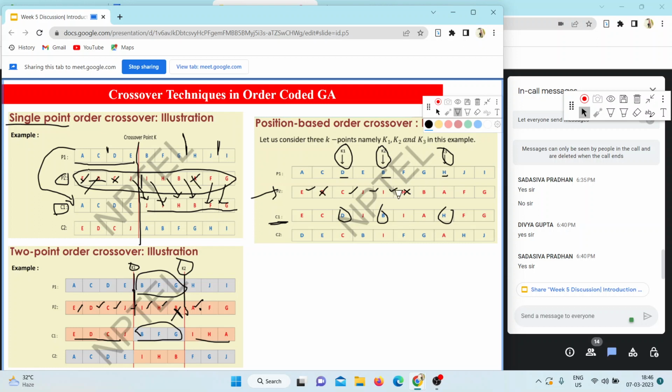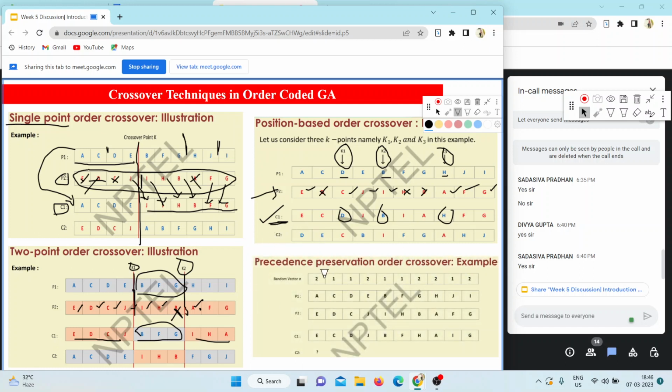B we cannot keep, because we have copied this from P1. So again this I am cutting, this we are keeping, F and G we are keeping, right? So we are cutting this bit and this bit, because we have copied them from parent 1. So that is how you will get C1. And alternatively, a similar process you can do for C2.